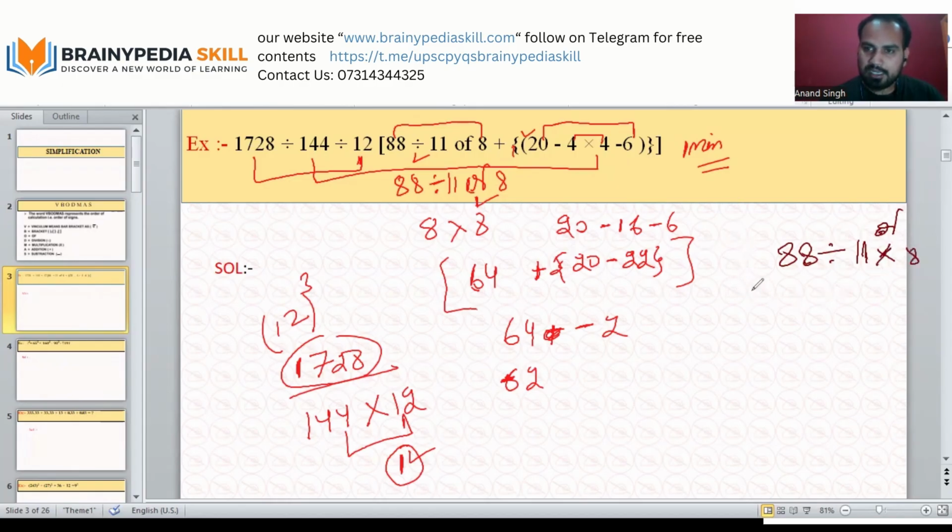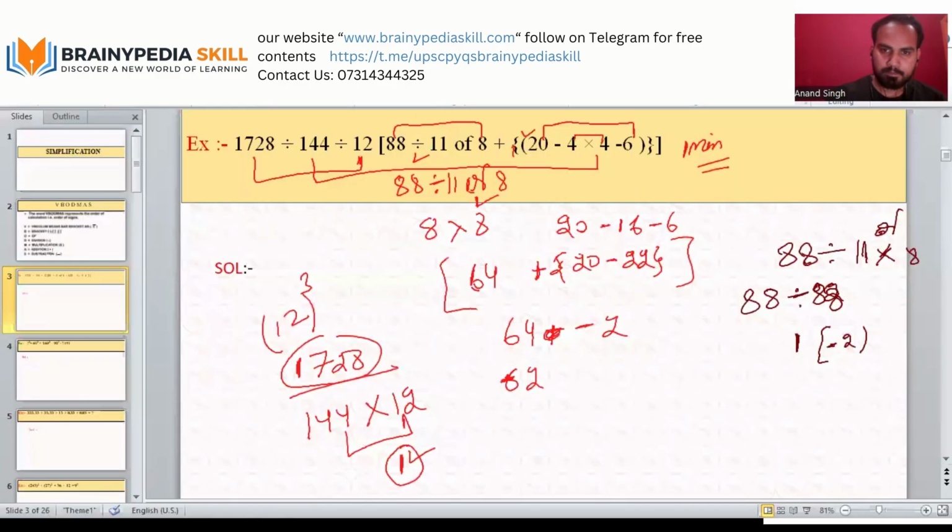So that is going to be 88, and that is going to be divided by how much? 88, which is going to be 1, and in the bracket we have -2, which is going to be of -2, right? So after doing this, what value are we going to have here? Any answers?